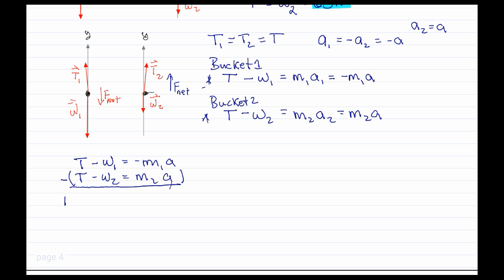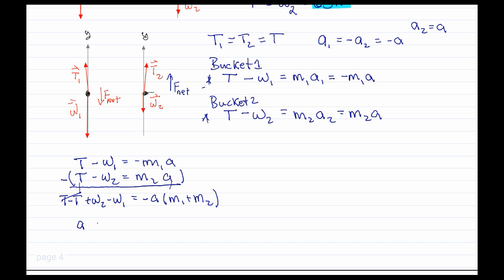So when I do that, notice that the T's will cancel, and I'll end up with W2 minus W1, and this is going to equal minus a times (m1 plus m2). So these T's cancel, and I can solve for a.